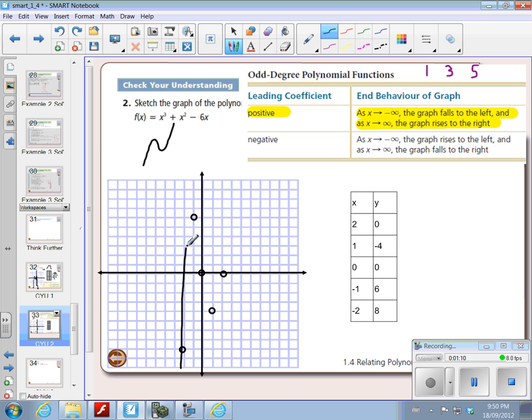So it goes up to that point, back down, and back up again. That might not be perfectly accurate as to where this hill and this valley is, but it's going to be pretty close.